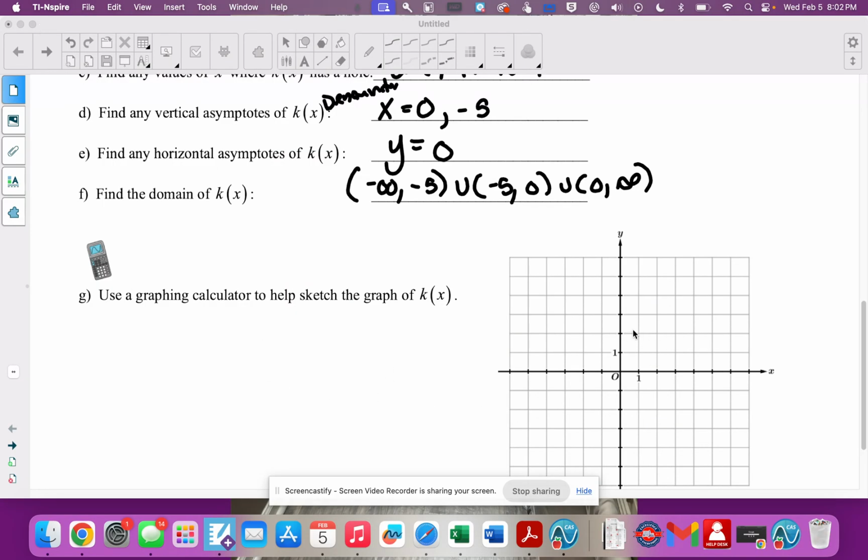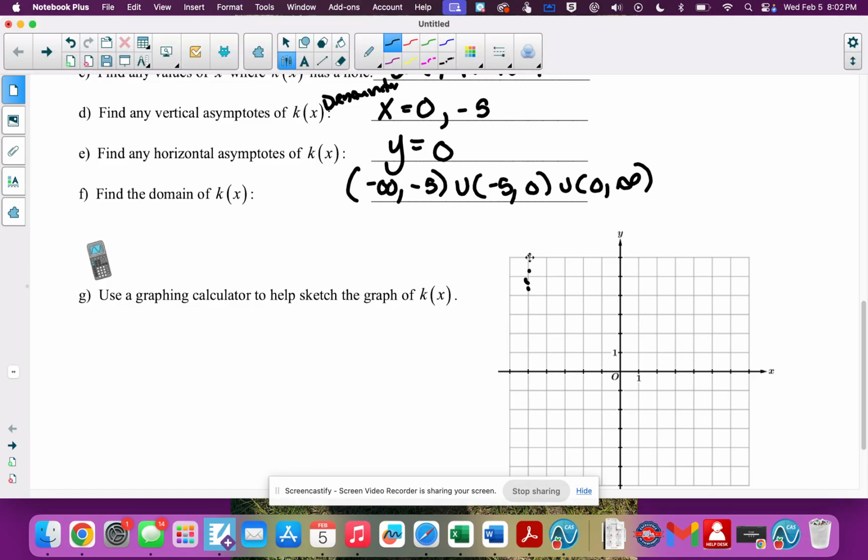You can as far as your notes, but I know what the graph looks like, and I'm not going to put all the pieces in. I mean, well, you know what? Never mind, I will. I'll go ahead and draw the asymptotes. -5. And then 0, and then we have a horizontal asymptote at 0, but remember that's just a, where do the ends go, right?